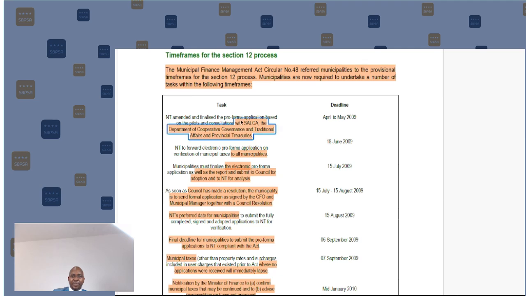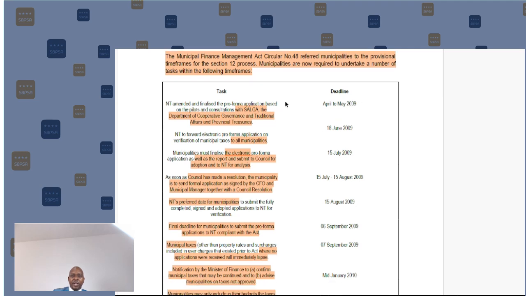So in that period, National Treasury was going to be in consultation between April and May 2009. Then once that consultation is done, the National Treasury will format an electronic pro forma application on the verification of municipality taxes. That was going to happen on the 18th of July.